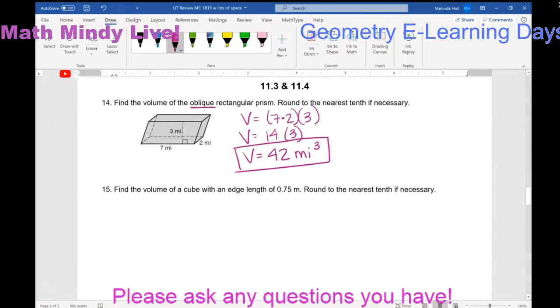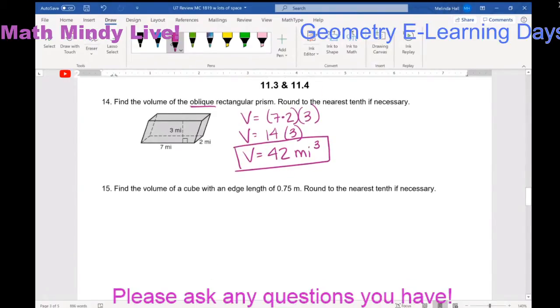For 15, if I want to find the volume of a cube with edge lengths 0.75 meters, I would just have that side cubed. So then we'd have 0.75 cubed, and that volume, let's see, is 0.421.